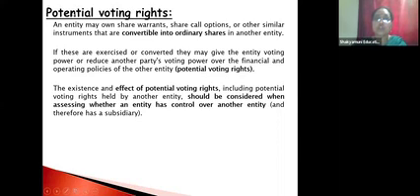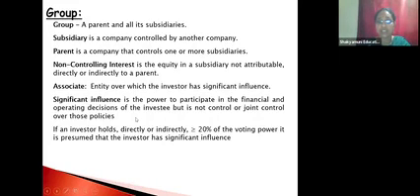Next, we also have potential voting rights. Potential equity shares means instruments that will get converted into equity shares at a future date, right? If they get converted into equity shares at a future date, their voting rights will increase, and then they may have control also.